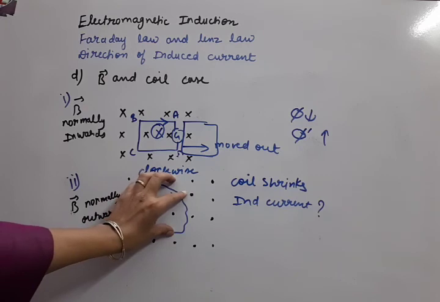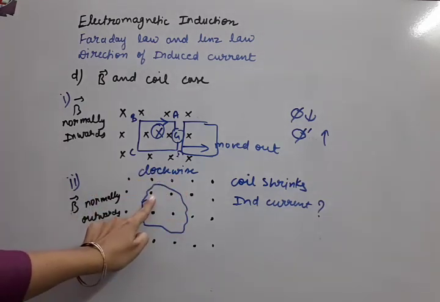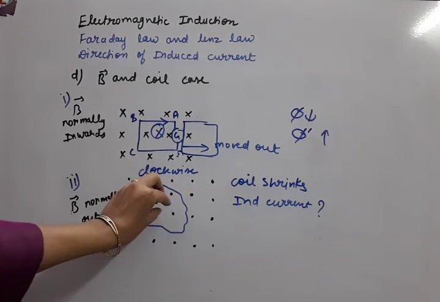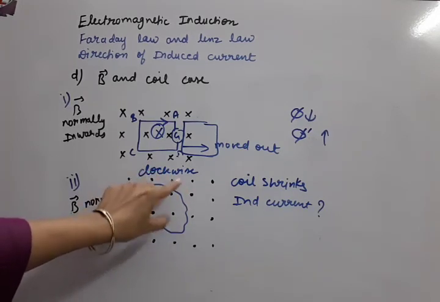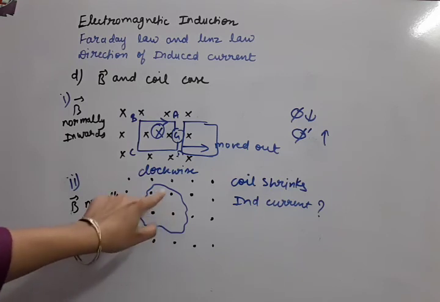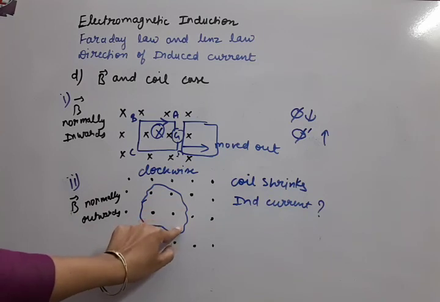If this coil is of this shape, you can see that 4 field lines are crossing it: 1, 2, 3, 4. When this coil shrinks, suppose this is a wire which is shrinking, maybe only 2 field lines will cross it. That means on shrinking, the flux through it decreases.